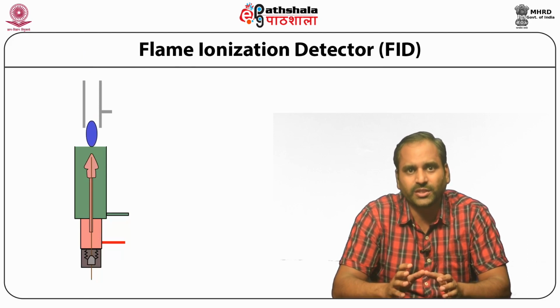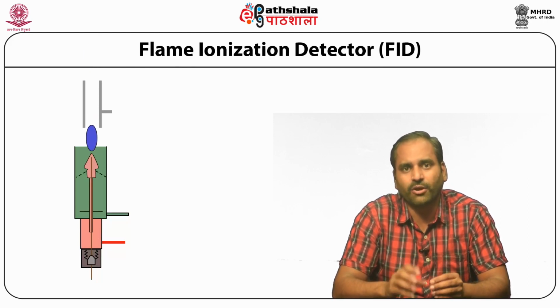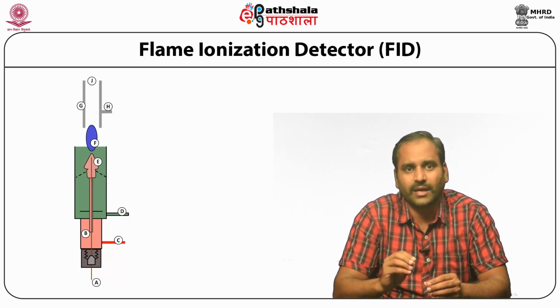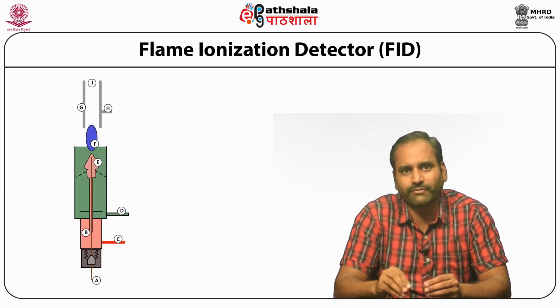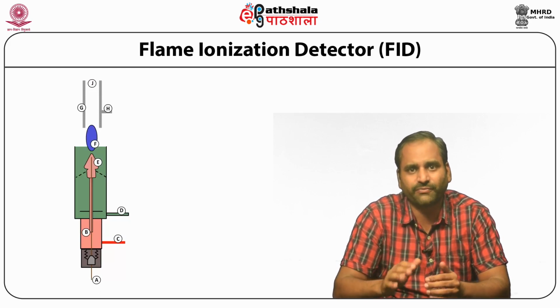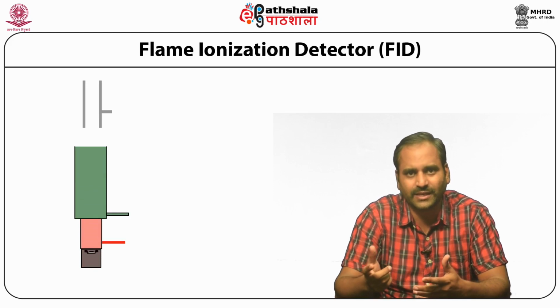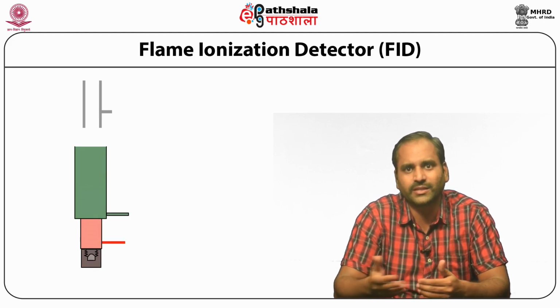This deposition would result in loss of effluent and errors in detection. As the effluent travels up to the detector, it is first mixed with the hydrogen fuel, represented as C, and then with the oxidant, represented as D.